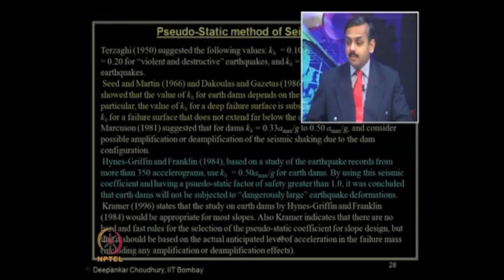So, remember this guideline given in Kramer 1996, that when you have some actual anticipated level based on your local site response analysis and seismic hazard study, you should use that, where you can include this amplification and de-amplification effect also.